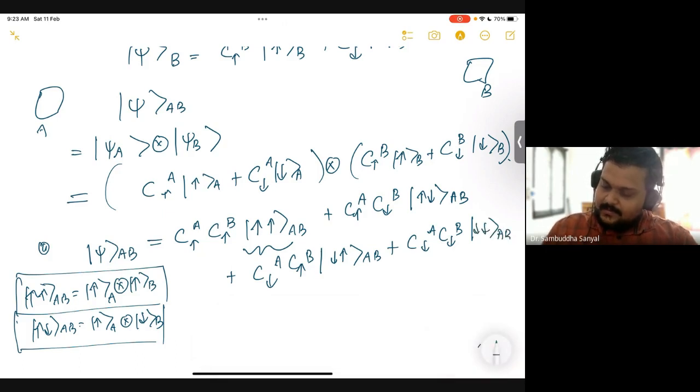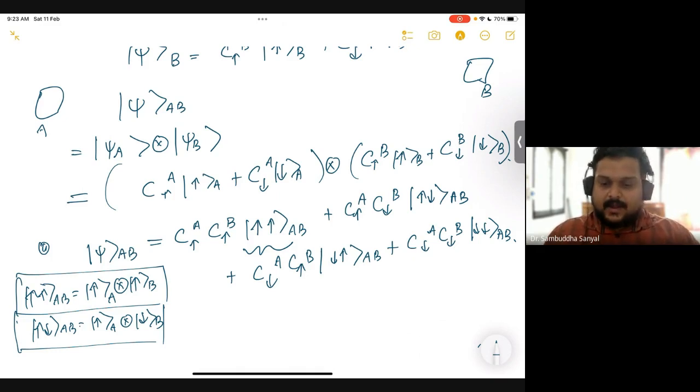This is my form. So if I have two superposition states independently and I want to write a composite, I bring them together and write a composite state of these two particles. This is how it should look.